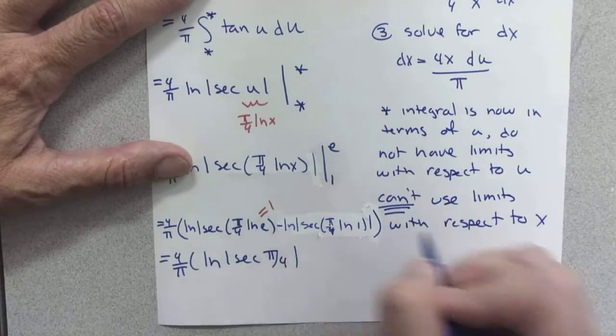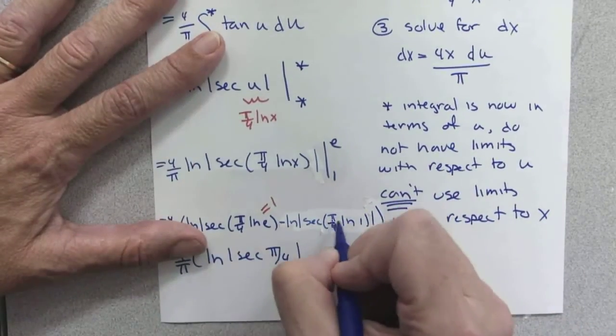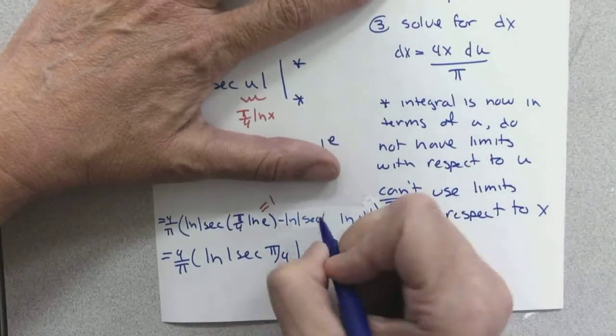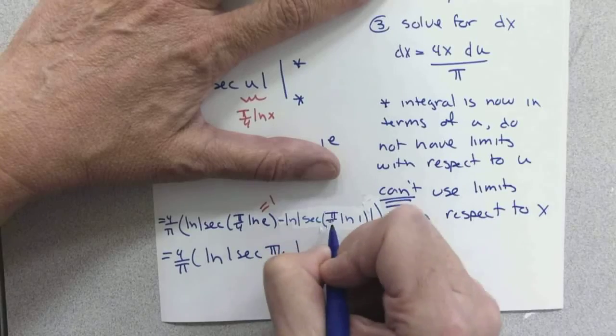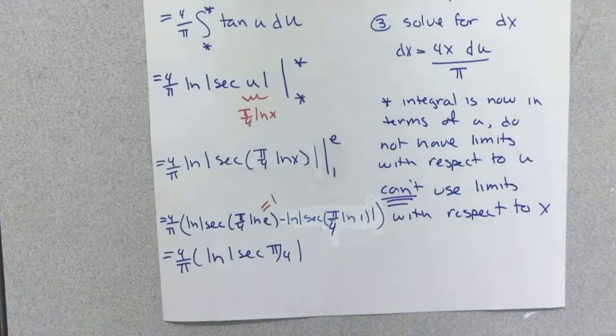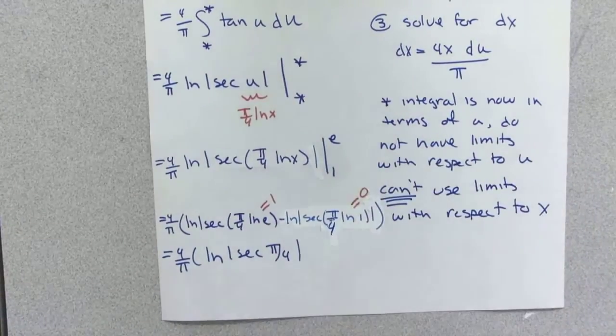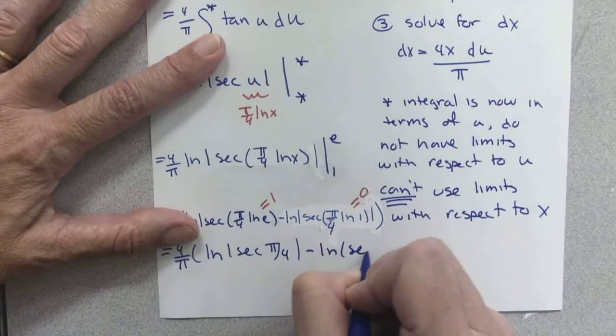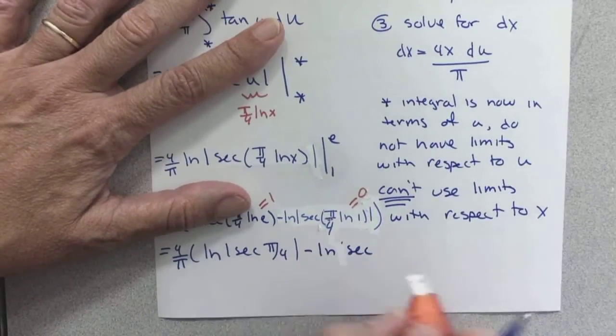There we go. Pi over 4. Then the natural log of 1 is 0. So I get minus the natural log of secant of 0.